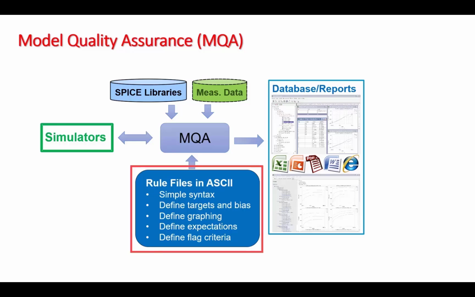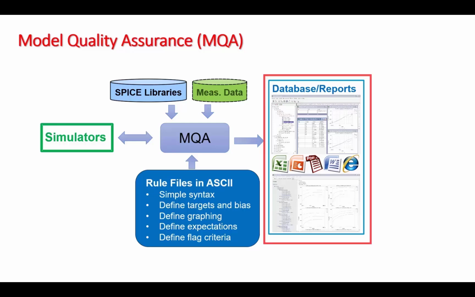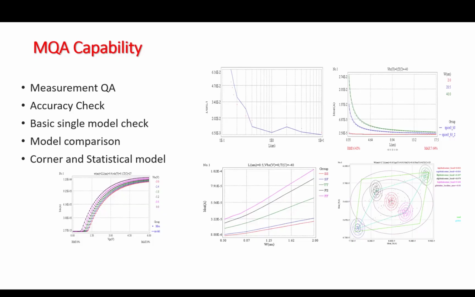The rule file defines how you want to qualify your model. With those input files, MQA can generate a netlist to run simulations. At the end, you can show your readout on MQA manually. And after you have checked everything, you can export the readout to a report. The report format can be Word, Excel, PowerPoint, PDF, or HTML files.